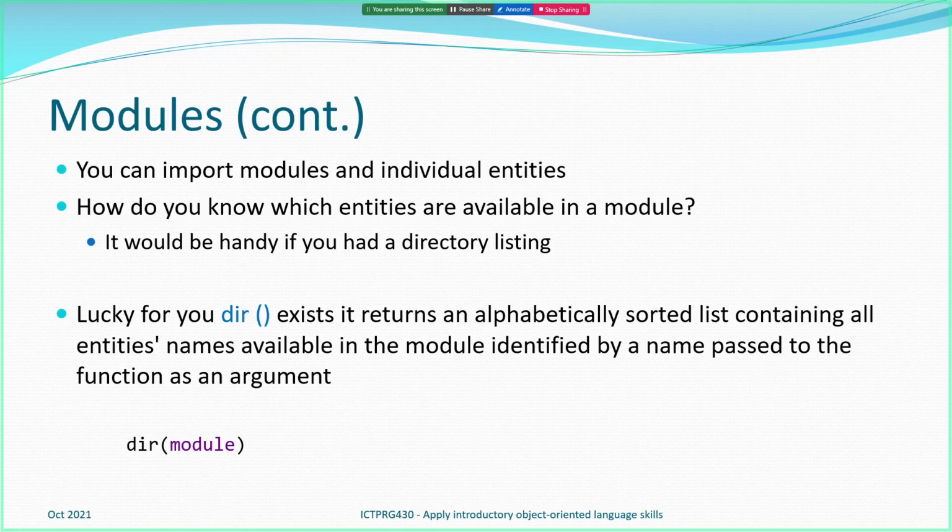So, by using a method called dir for directory, it gives you a sorted list containing all the names in the module. So you insert the module name that you want this directory listing created for as the parameter for the method.